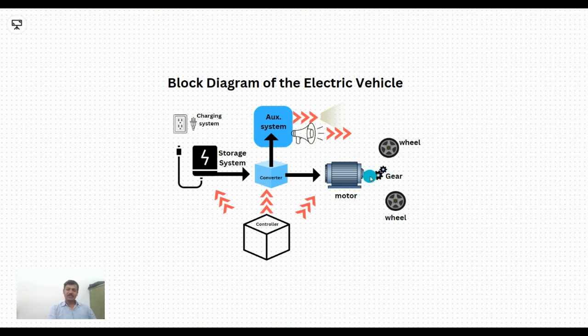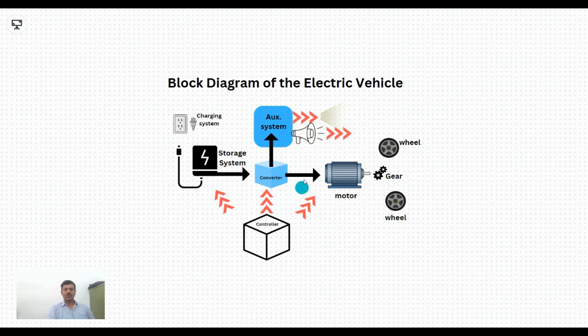The gear is connected in connection with the motor shaft, and the motor is getting supplied from the converter. Okay, now here the motor can be your AC motor or maybe DC motor, and depending on that your converter is selected.